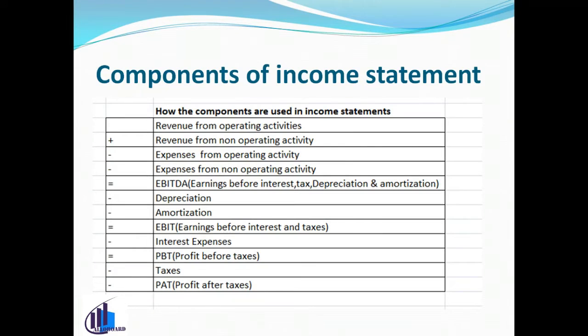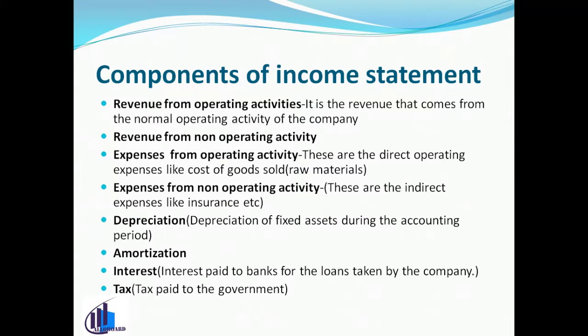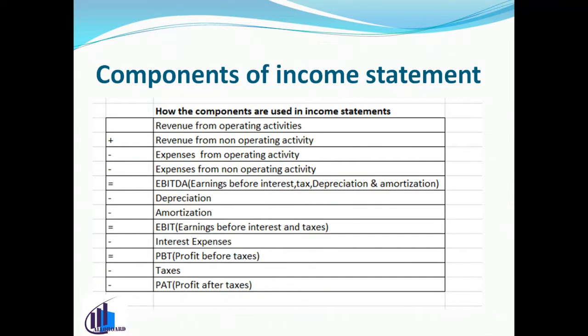So we'll take the revenues and expenses. We'll add up the revenues from operating and non-operating, and we'll subtract the expenses from operating and expenses from non-operating to arrive at something called EBITDA, which means earnings before interest, tax, depreciation, amortization.